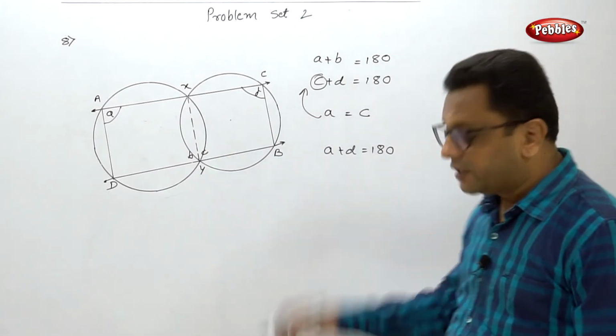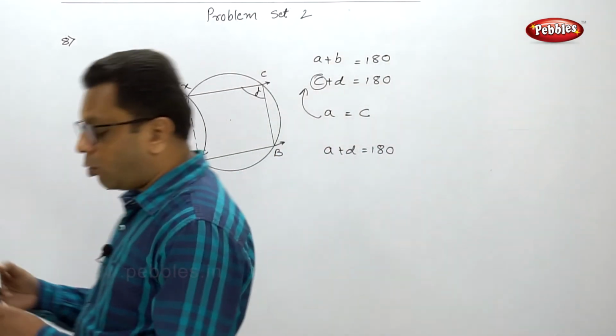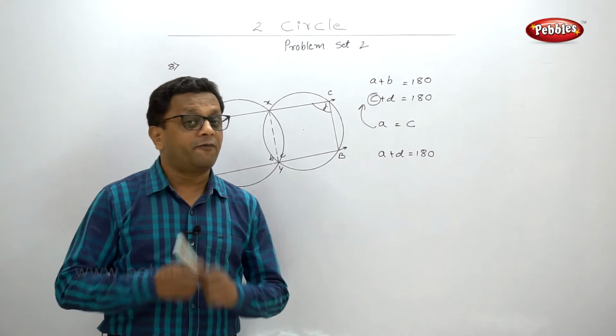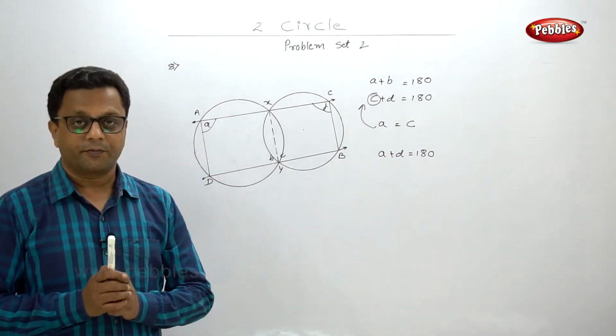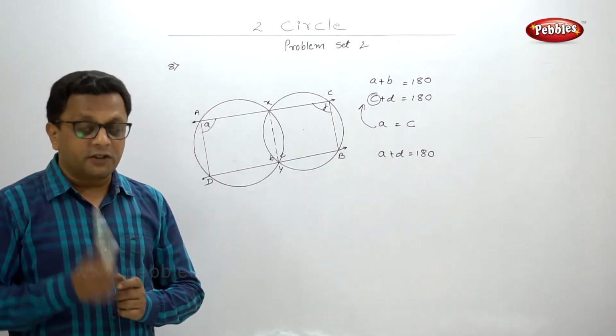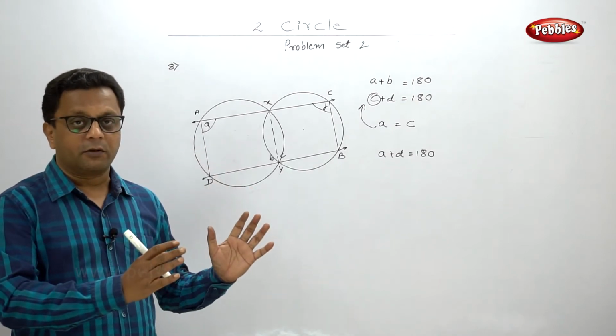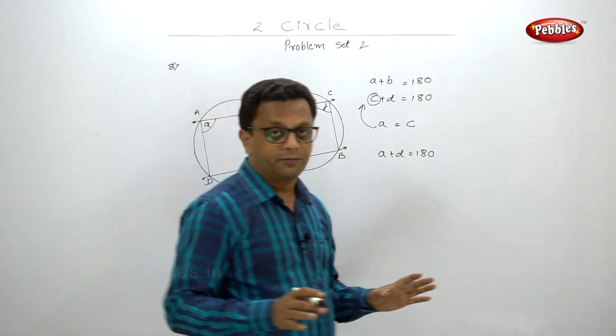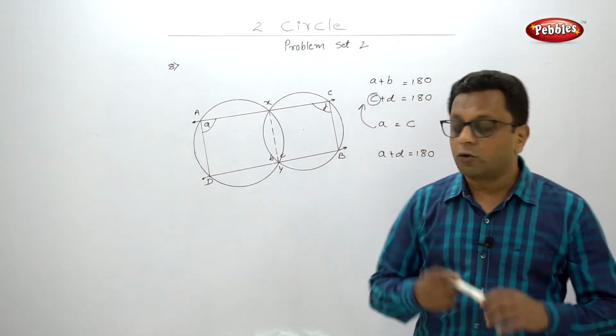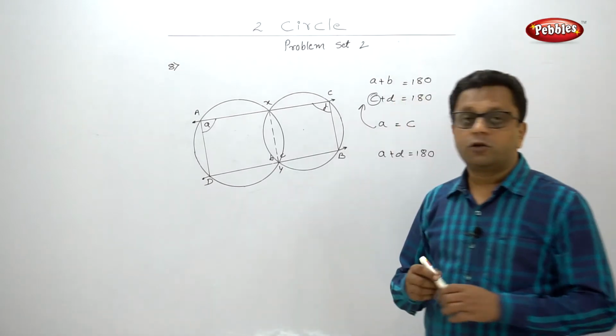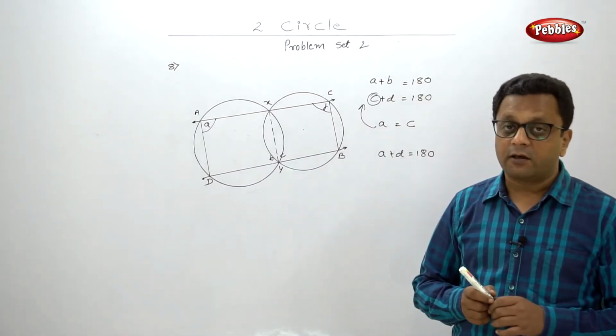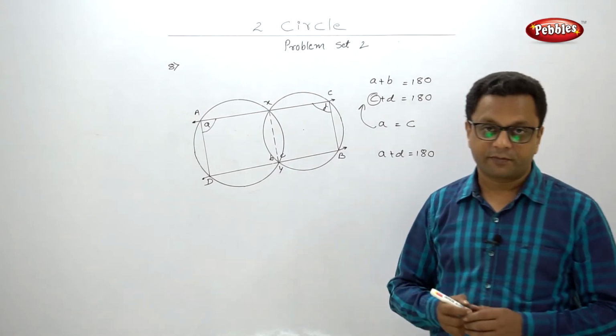This example is very simple. The only thing in this example is that the figure is not given. The description of the figure is given, but the actual figure is not given. You have to draw the figure. Many times students fail to draw the figure from the description.